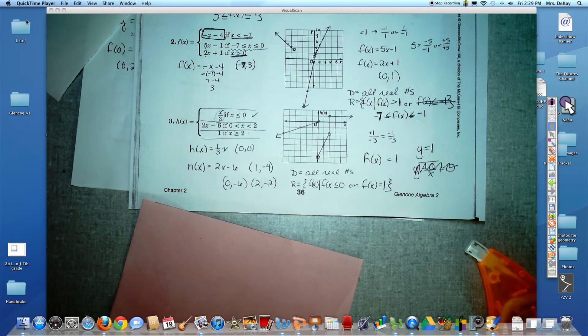Okay. I did look at your tests. Did I tell you that? No. I did look at your tests for this chapter to see exactly what you would be asked to do on it as far as piecewise functions and stuff like that. You need to know what they look like. You need to know what they're called.